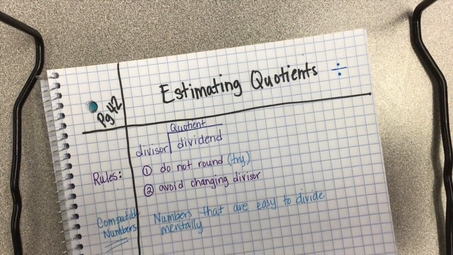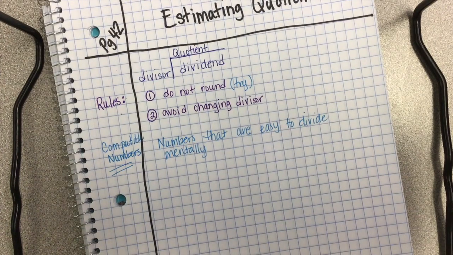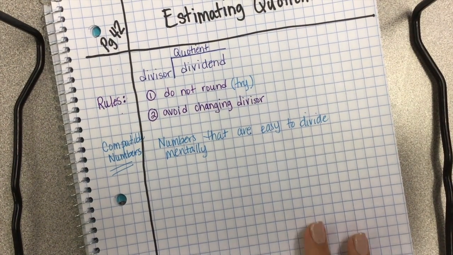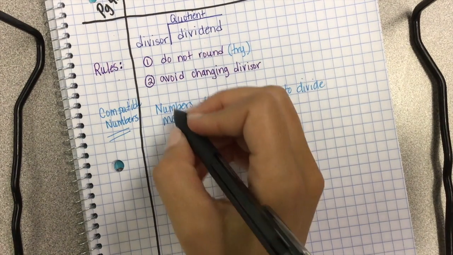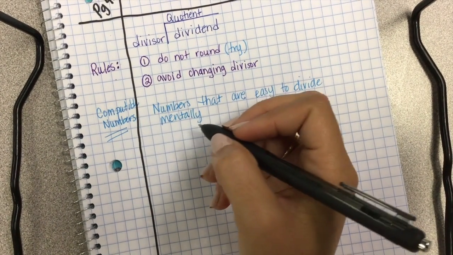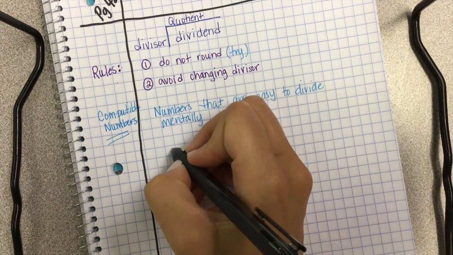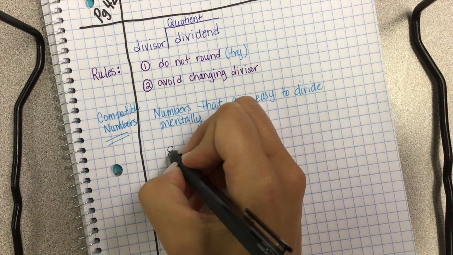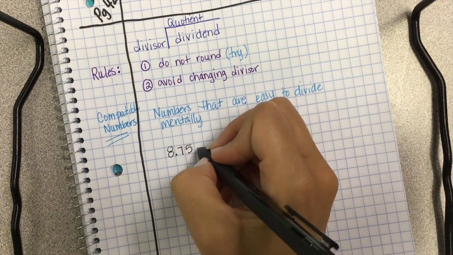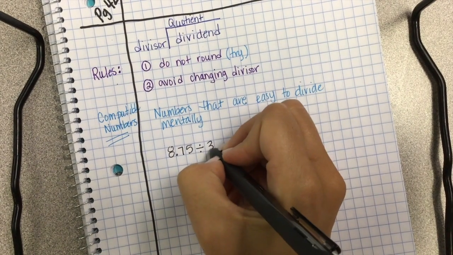Okay, we're dividing decimals. So for an example, we're looking at number 1 on page 42 under example. It's asking you to estimate 8 and 75/100 divided by 3.